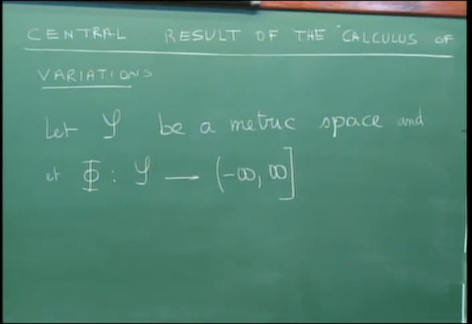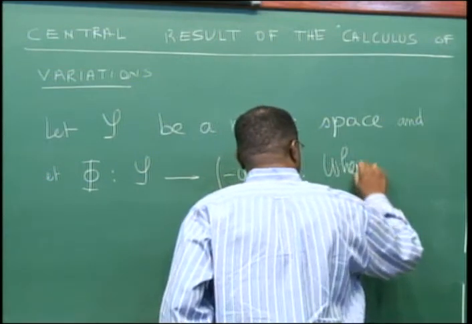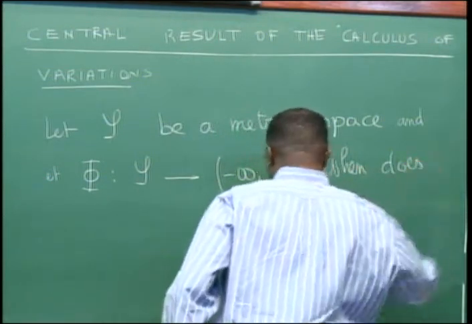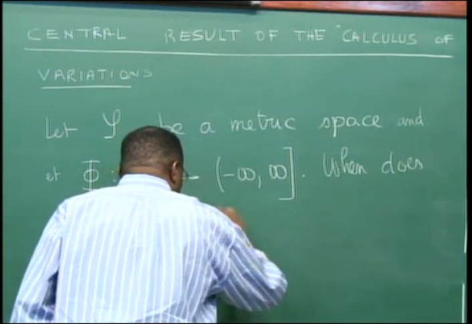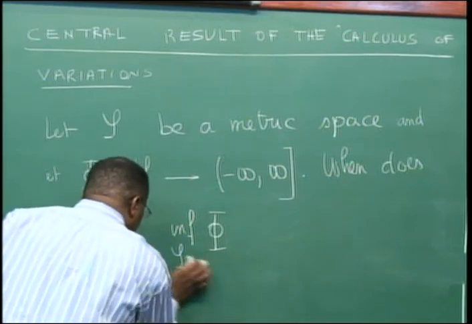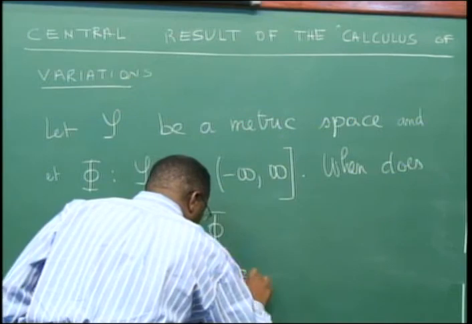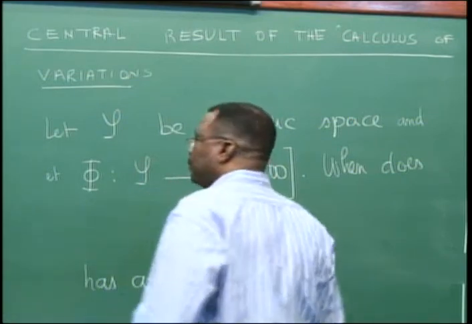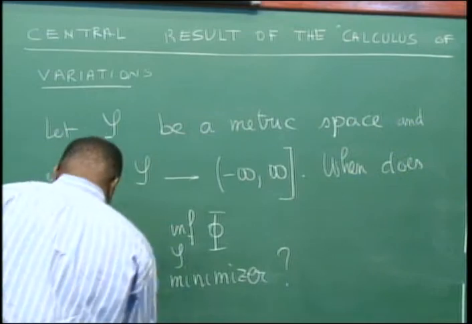And you want to know when does the problem infimum over S of phi have a minimizer. So the answer is, a sufficient condition is the following.